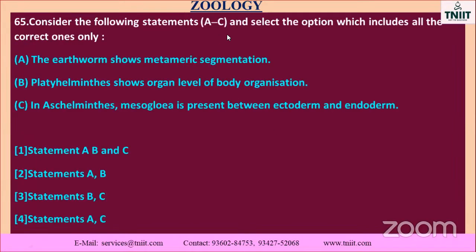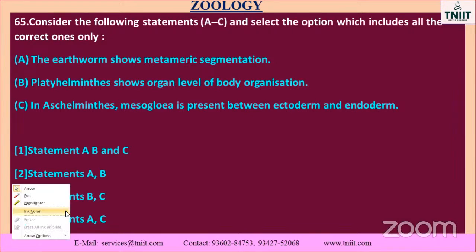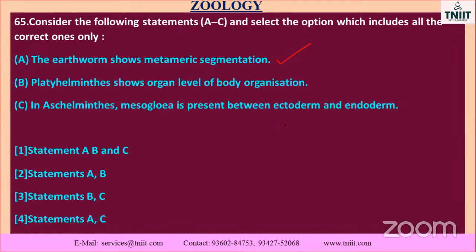Consider the following statements A to C and select the option which includes all the correct ones only. The earthworm shows metameric segmentation. Yes, so statement A is correct. C will not come.